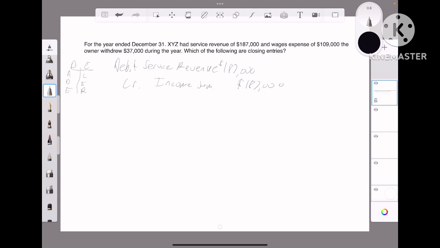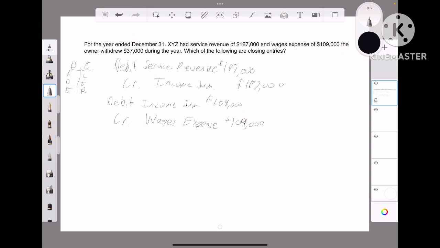So we'll debit income summary $109,000. Then we'll credit wages expense.